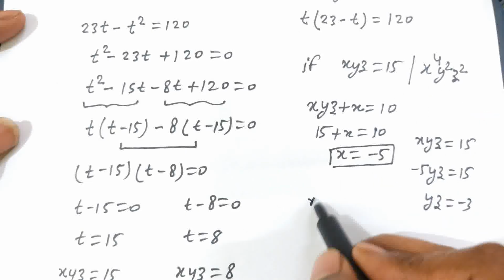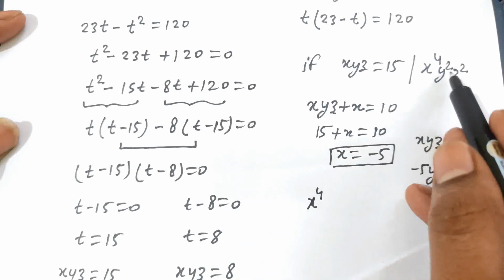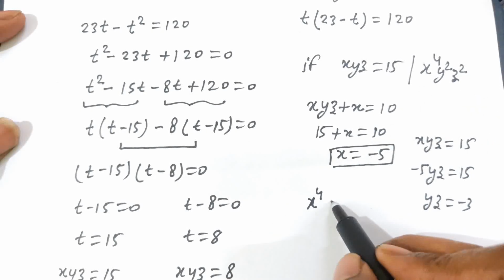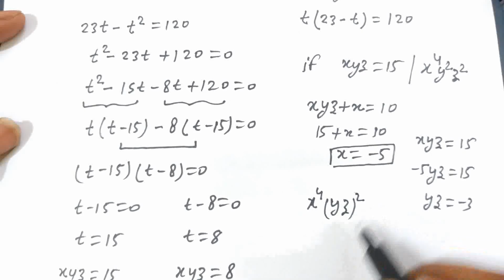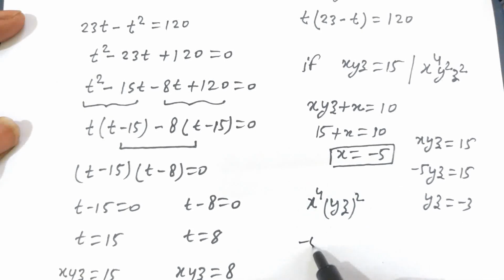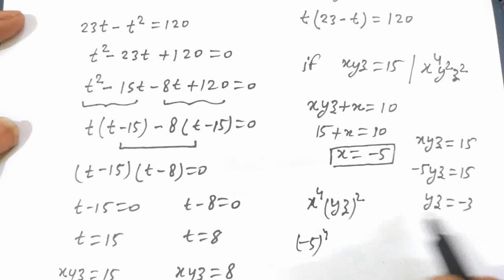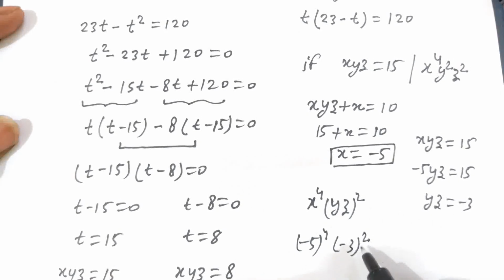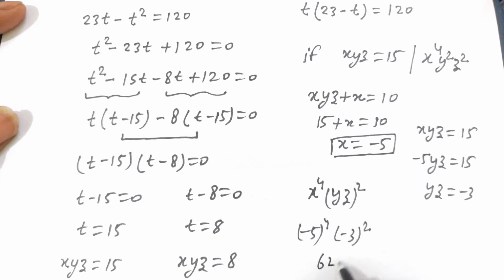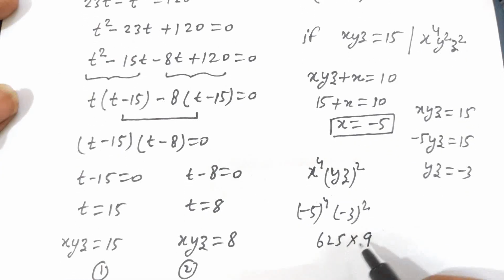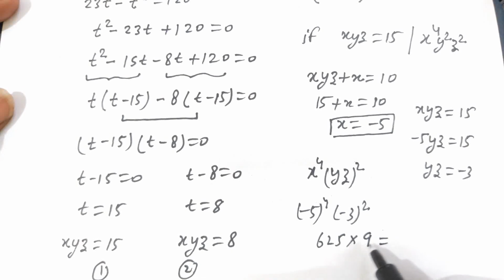And here we will find out the value of x power 4 times y square z square, which is the same as x power 4 times y times z whole square. Then the value of x is minus 5, so minus 5 power 4, and y times z is minus 3, so minus 3 square. Minus 5 power 4 is 625, multiplied by minus 3 square, that is 9. 625 is multiplied by 9: 9 5s are 45, 5 carry 4, and 9 2s are 18, plus 4 is 22, 2 carry 2, 9 6s are 54, plus 2 is 56.